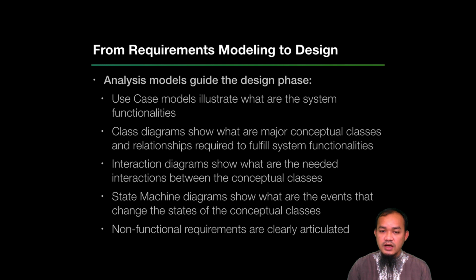The state machine diagram shows the events that change the state of the conceptual classes, and non-functional requirements are clearly defined. This is in terms of requirement analysis and modeling, where we use several diagrams: use case diagram, class diagram, interaction diagram, state machine diagram, and so on.